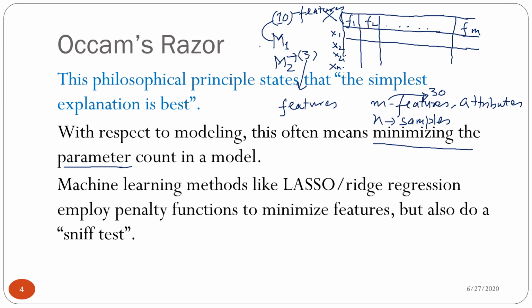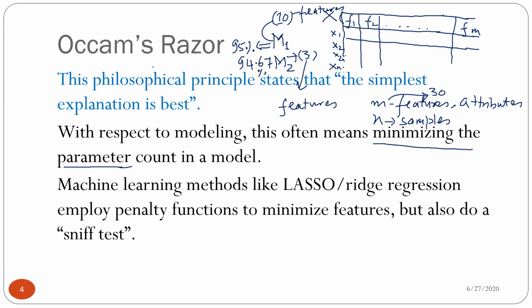Alright, so if I say that the accuracy of M1 is 95% and M2 is also 94.67%, right? So these two are pretty close, but M1 is more complex compared to M2.